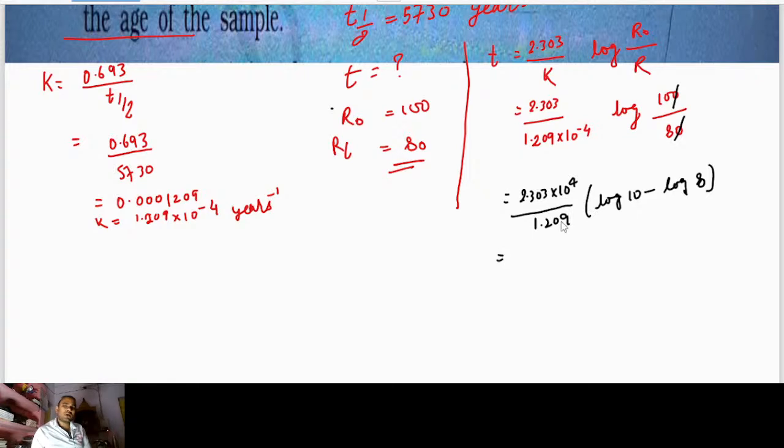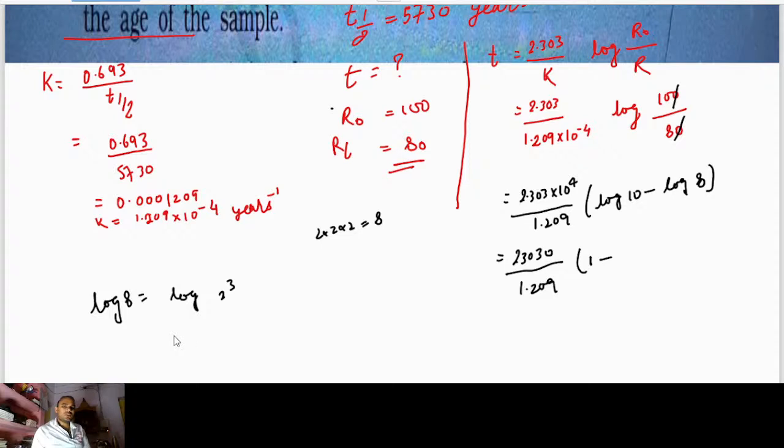So if you are multiplying this value, it will be 23030 divided by 1.209, and log 10 value is 1. And here what we can do, student, is log 8 is equal to log 2 power 3, because we know 2 into 2 into 2 is 8.